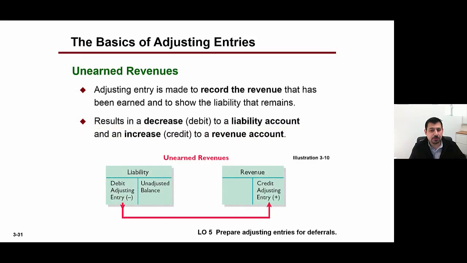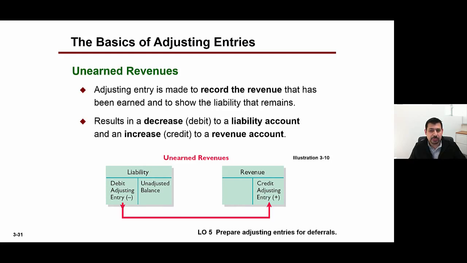And the way we do that, now we said that with the original entry, we had an increase in liability. That was unearned revenue. Because when we made the original entry, the trial balance before adjustment includes the information of the original entry, and that would say that they had the full, for example, for the example of the magazines, the full year, 12 volumes as liability.